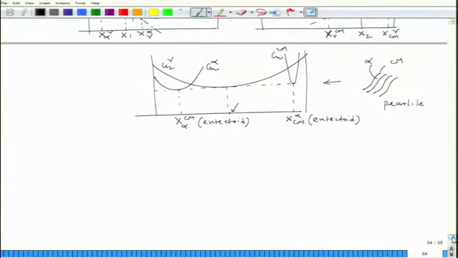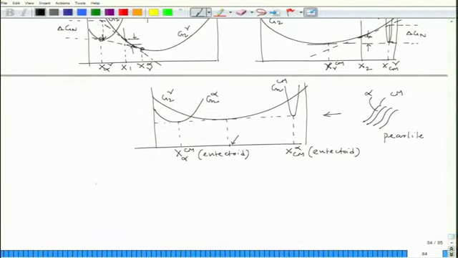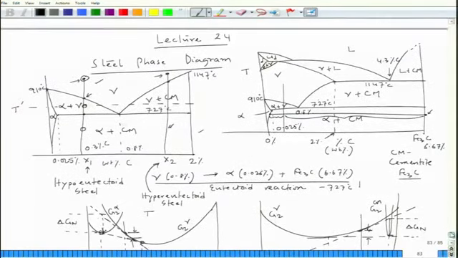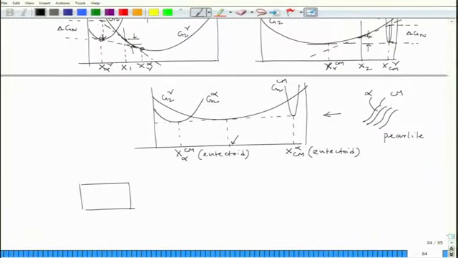Initially, when I am here, it is entirely austenite or gamma.